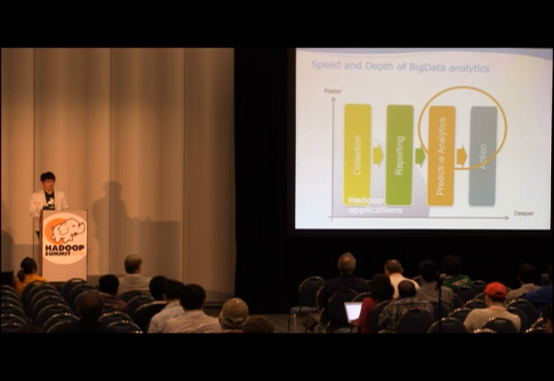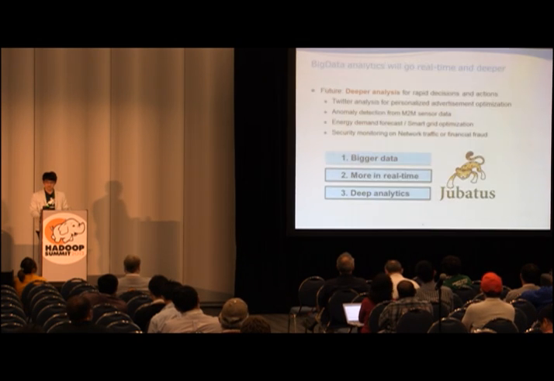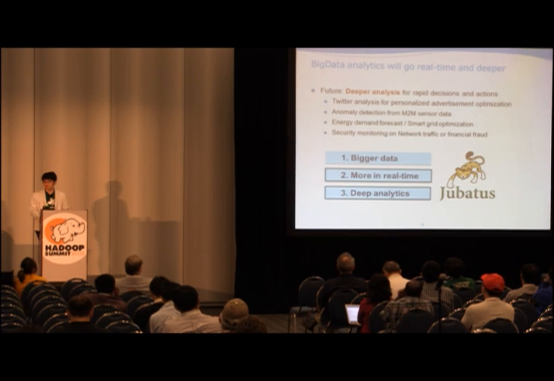But in our view, there is still white space in the both faster and deeper analytics area, in the circled point. So our vision is that big data analytics will go real time and deeper in the future. So we focus on the second and third concepts, more real-time and deeper analytics, for Jubatus.